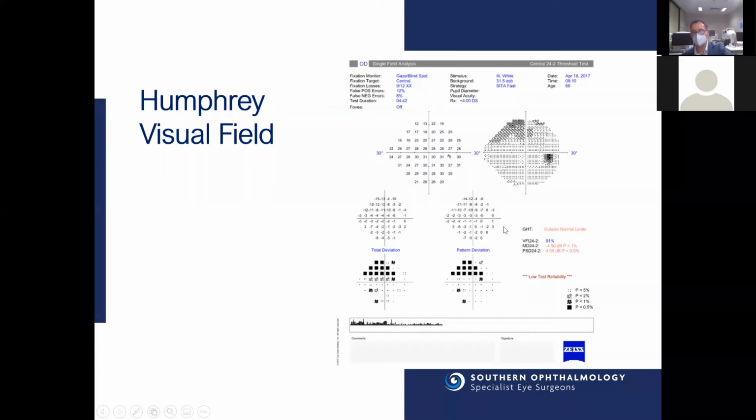The glaucoma hemifield test marks scotomas superior and inferior to the horizontal midline, and if there's a difference between those two, it will be outside the normal range.